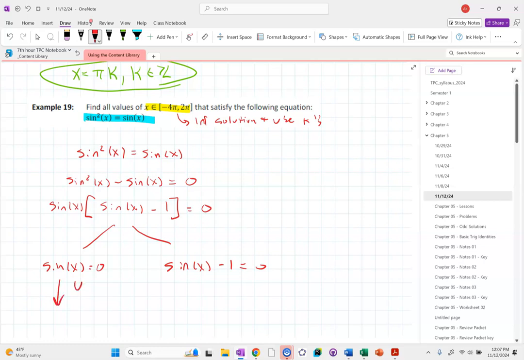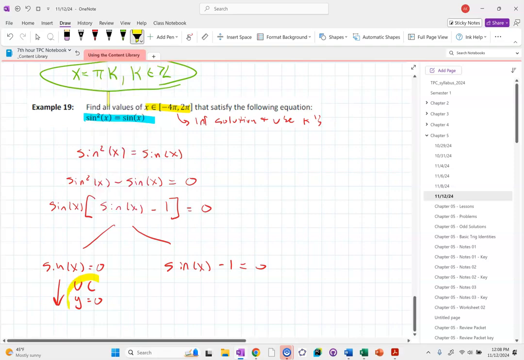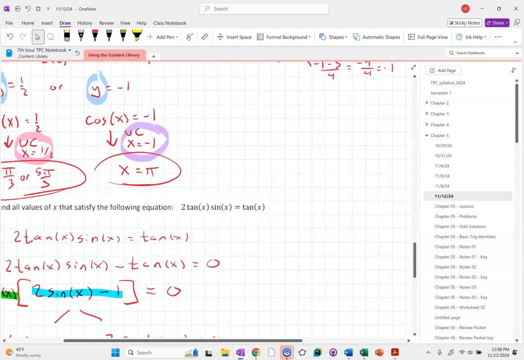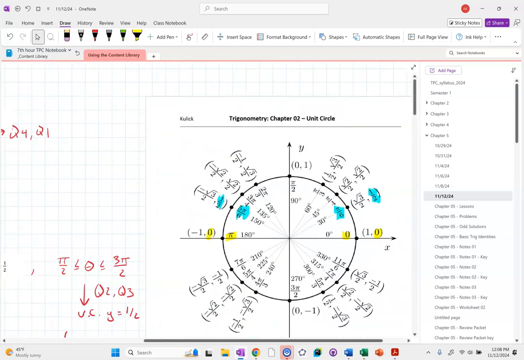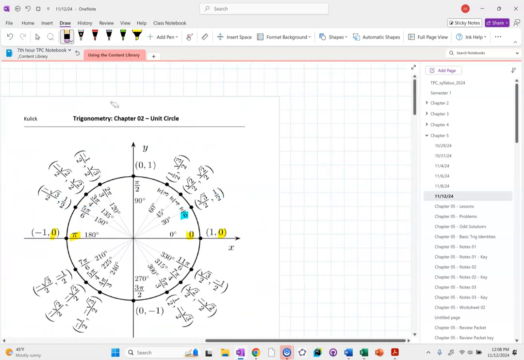So the first one's ready to go. I'm just going to go to the unit circle and look for where y equals 0. So go back. So it happens here at 0, and then here again at pi, right?